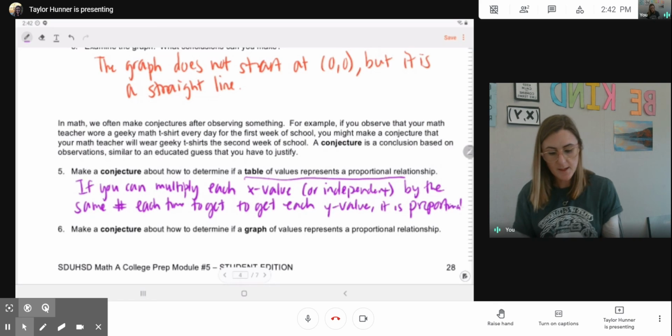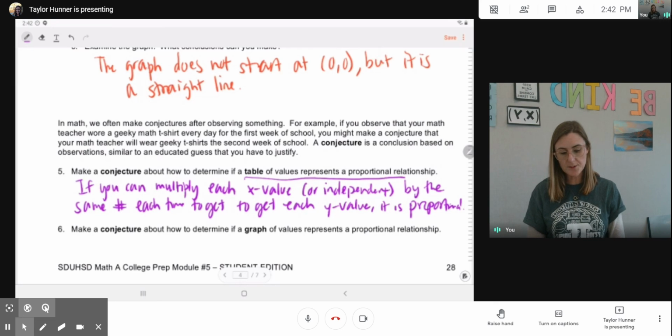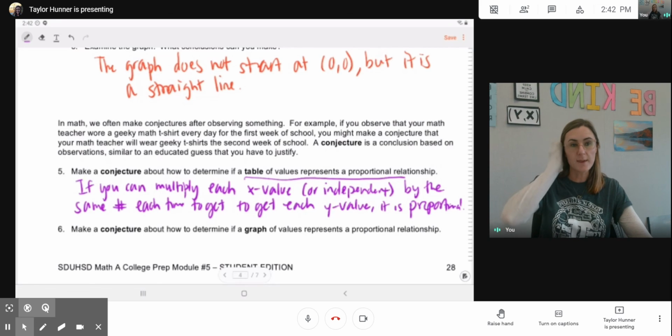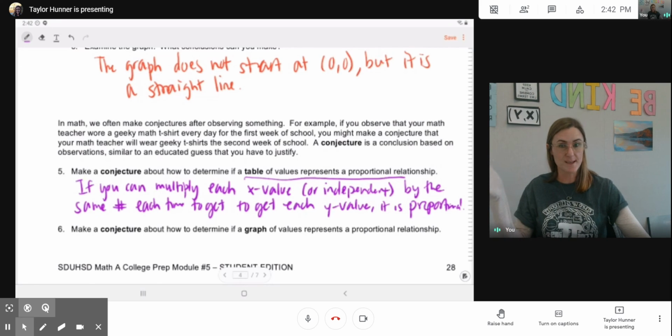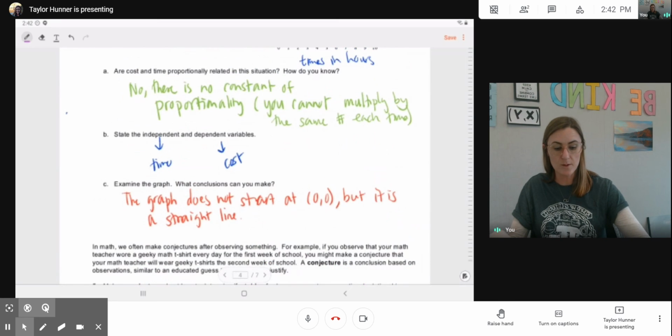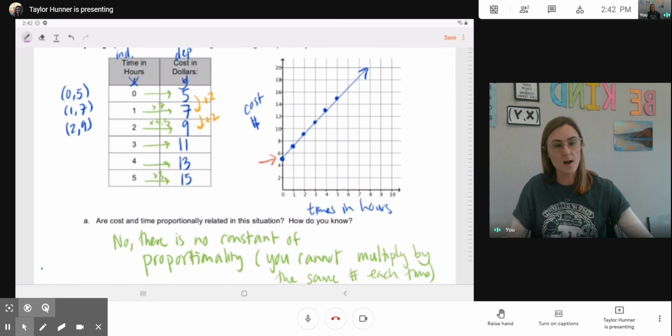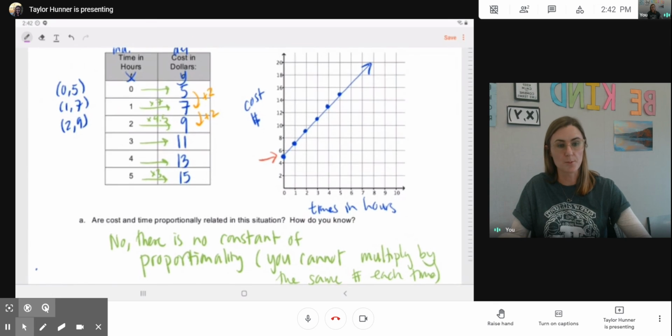And this next one, make a conjecture about how to determine if a graph of values represents a proportional relationship. So if we think back to all the graphs that we did, every time we could multiply the x's by the same number to get the y, we also could graph, and our graph could pass through that 0, 0 point. If we look back at the one we just did, this graph does not pass through 0, 0, and it was not proportional.